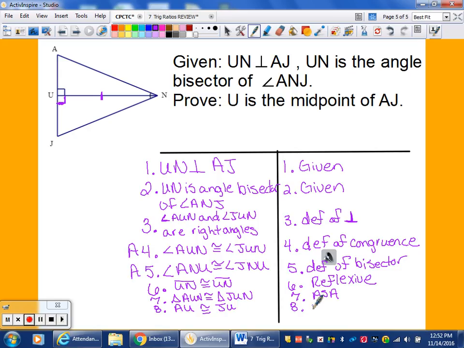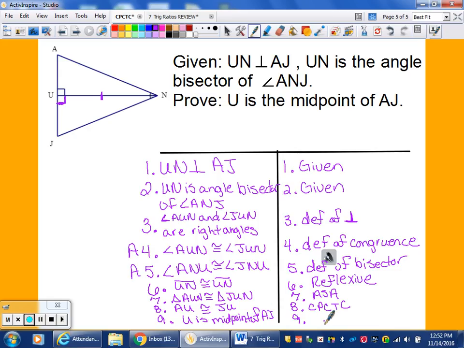And that's by CPCTC. And if they're congruent, then what else does that prove? Exactly. Proves that U is the midpoint of AJ.